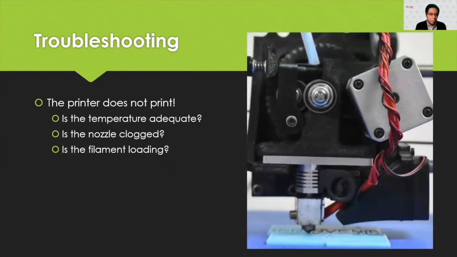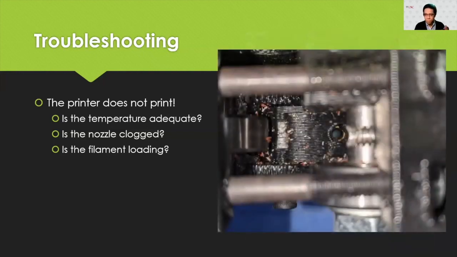Here, what should be happening is that the filament is going through this plastic piece and then entering this metal one. So when we load the filament, we insert it through a hole in the plastic piece, and then it reaches the metal one. However, if, like in this printer, the plastic piece is slightly bigger than the metallic one, here is a close-up of this, the filament might get stuck between the two materials.